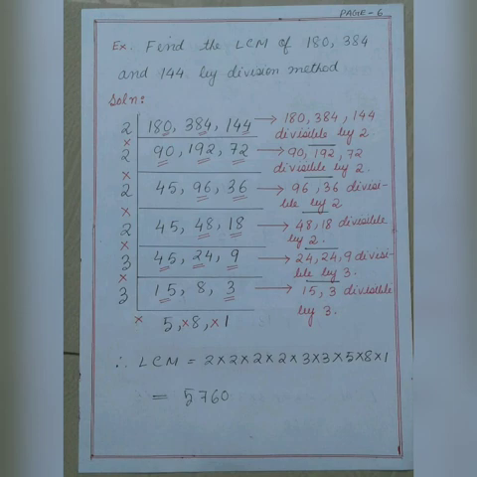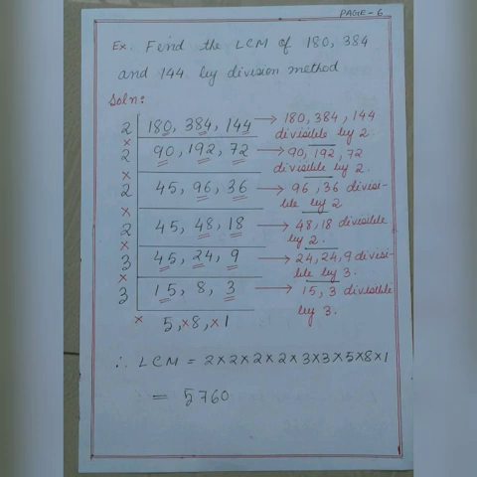If I divide these three numbers by 2, we get 90, 192 and 72 in the second row. Again these three numbers are divisible by 2. So we get 45, 96 and 36 in the third row.